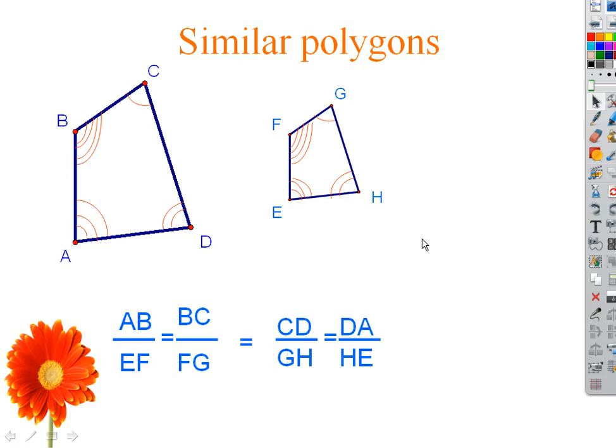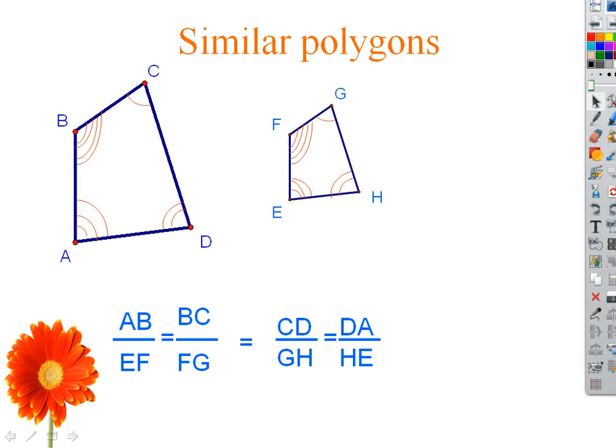So here's an example of two similar polygons. A, B, C, D is similar to E, F, G, H. And look, this shows all that stuff. All the corresponding angles are congruent, right? Angle C is congruent to angle G, angle D is congruent to angle H, etc. And it tells us down here that the corresponding sides are all proportional.